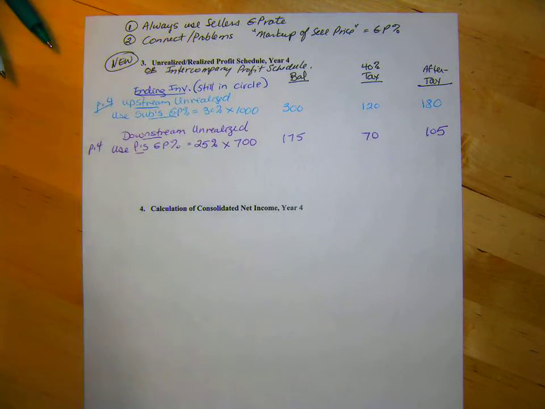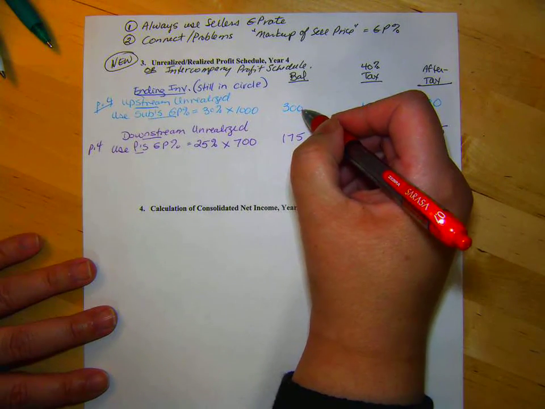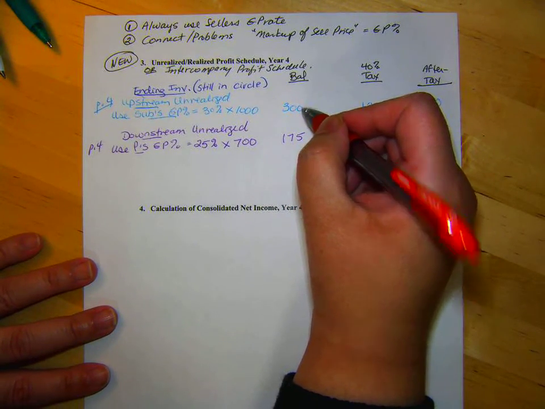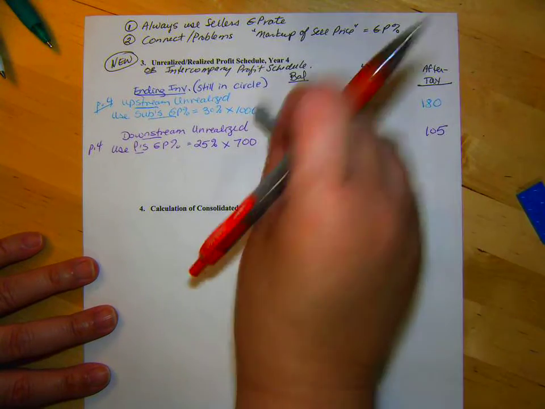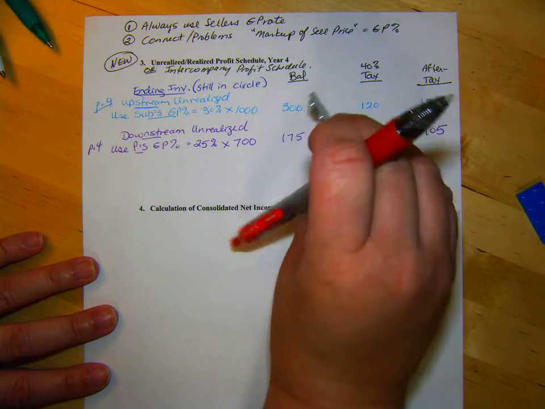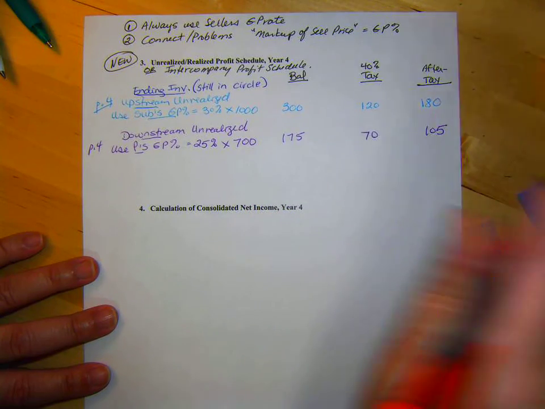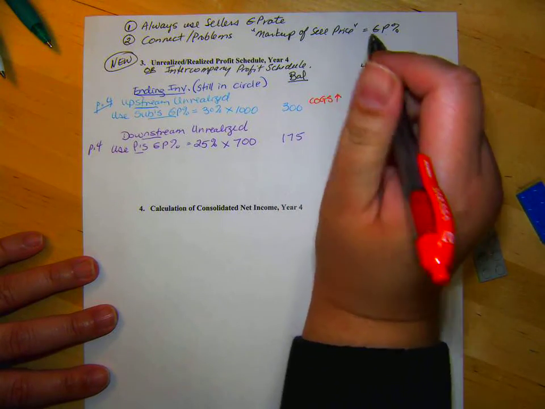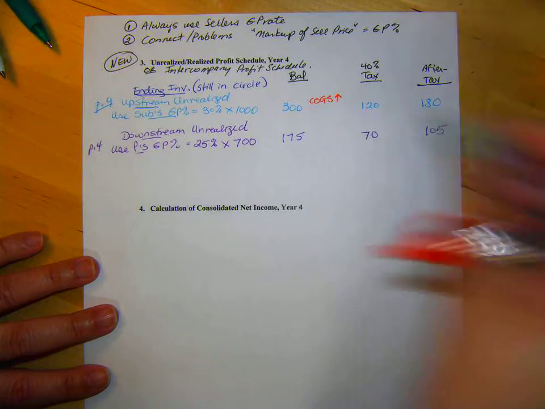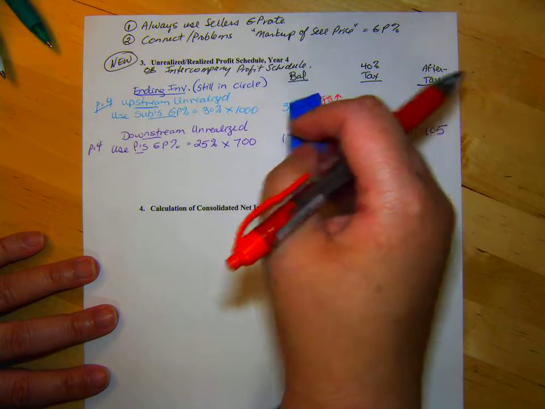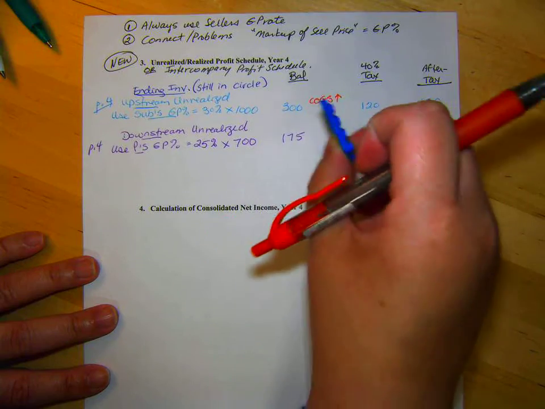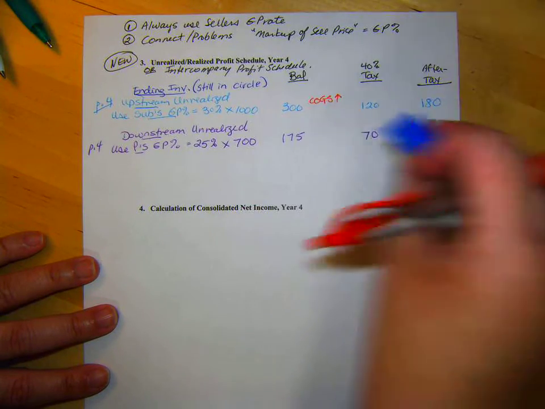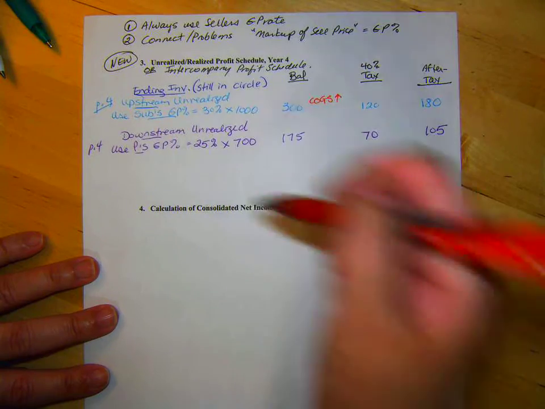Now we've got to decide what we're going to do with the accounts on the income statement or balance sheet. So this profit, it's the gray one because it's upstream, we've got to get rid of this profit. So we're going to make cost of goods sold go up, because that will reduce net income, which is what we want to do. We have to take away some of the parents' net income because what they sold to the sub didn't go through, or to the parent. It works the same way for both.